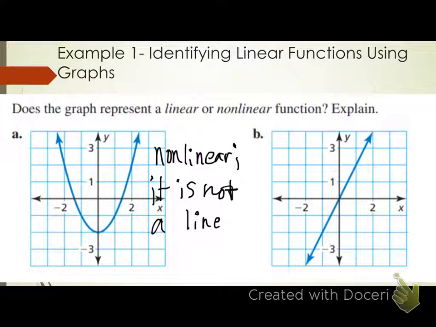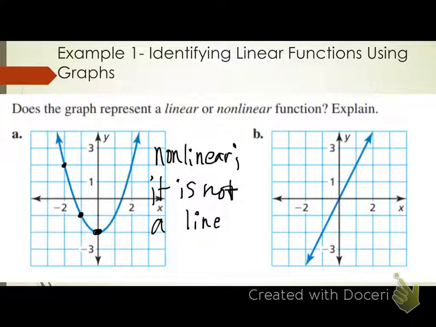Does everyone know how we get our rate of change? Are we sure? There's points on the graph. All right. So how do I get from this top point to this bottom point? Going down how many? 3. So negative 3 over, how far do I go over? 1.